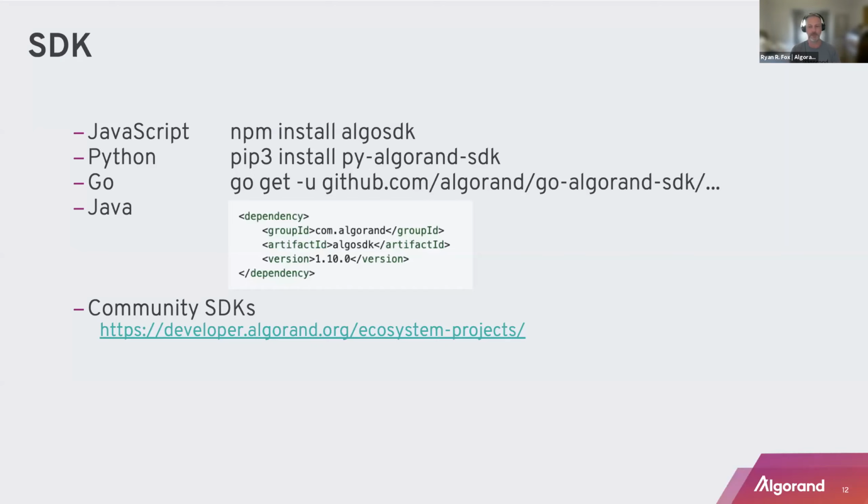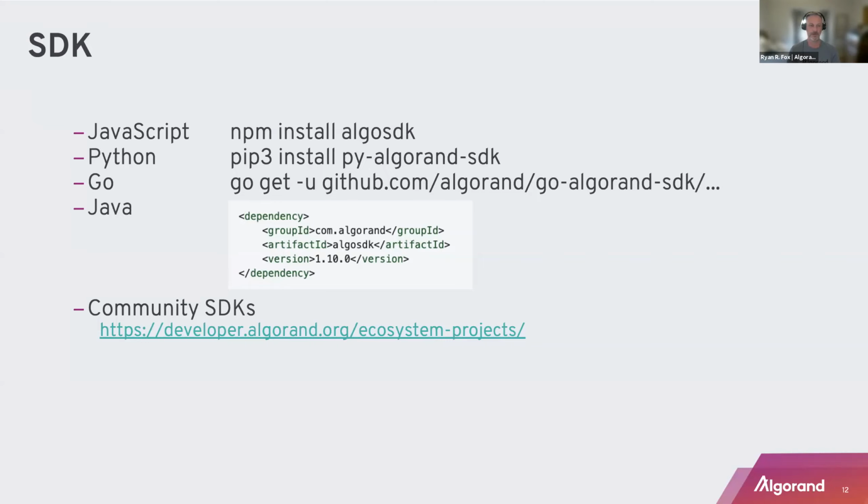The next piece for your development environment setup that you want to be familiar with is the SDKs. So we have 4 different SDKs that are available, produced by Algorand Inc., the company that I work for, and these are available in JavaScript, Python, Go, and Java. They're very easy to configure. For JavaScript, you can do an npm install.